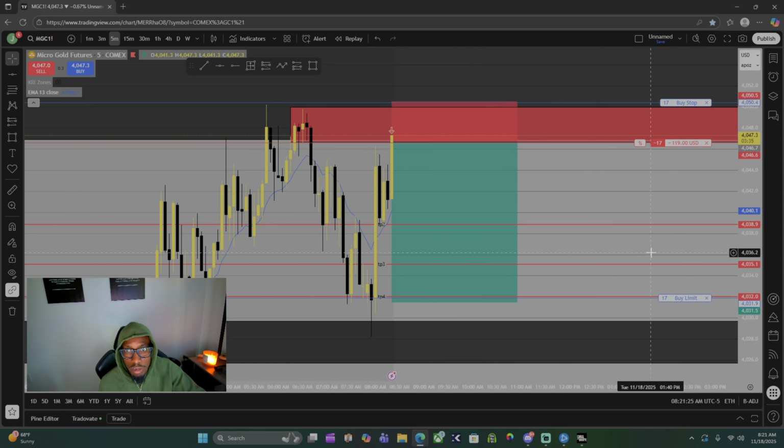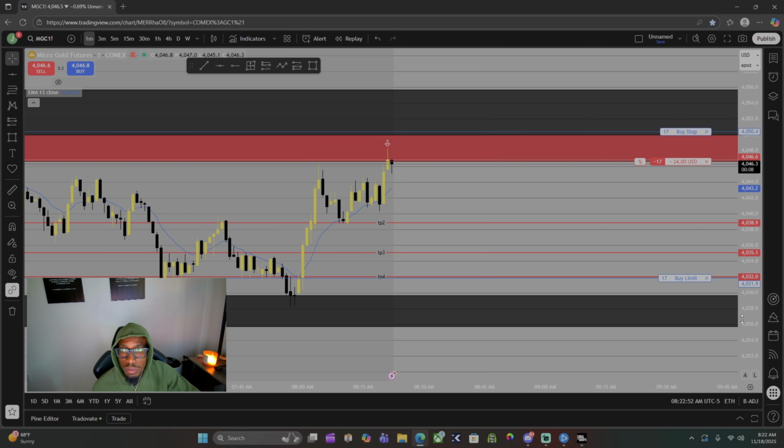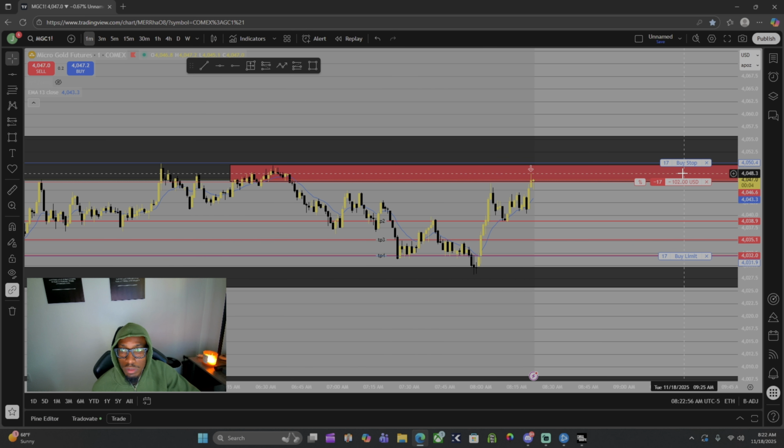All right, so we're getting a pretty big rejection here. I would like to see it close somewhere down here. What's the 1 minute look like? In 1 minute looks like it just came above a zone, low key.